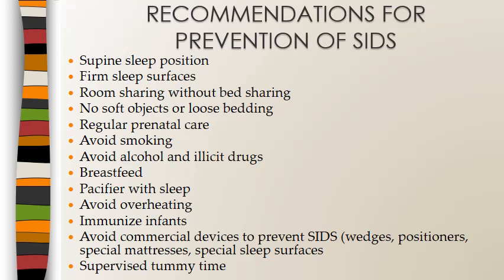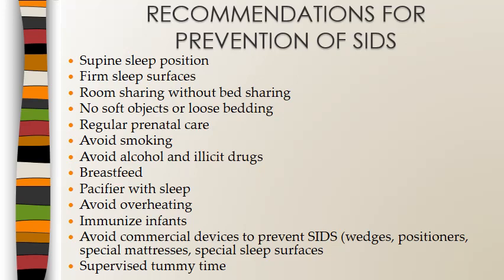There's research that shows that children who sleep with a pacifier, especially less than 6 months, have a decreased risk for SIDS. Avoid overheating, immunize the infants, and avoid commercial devices to prevent SIDS. So there are different types of positioners, wedges, and special mattresses that we want to recommend they avoid.